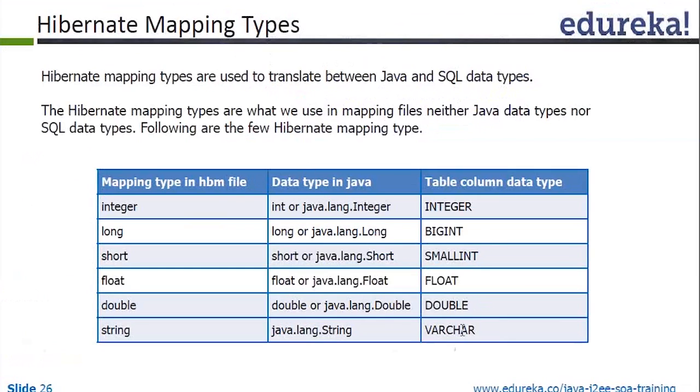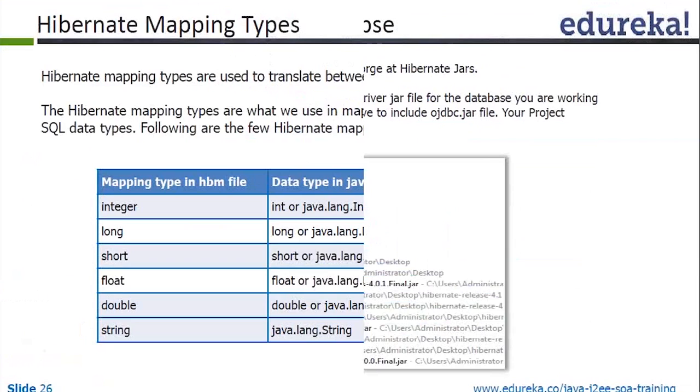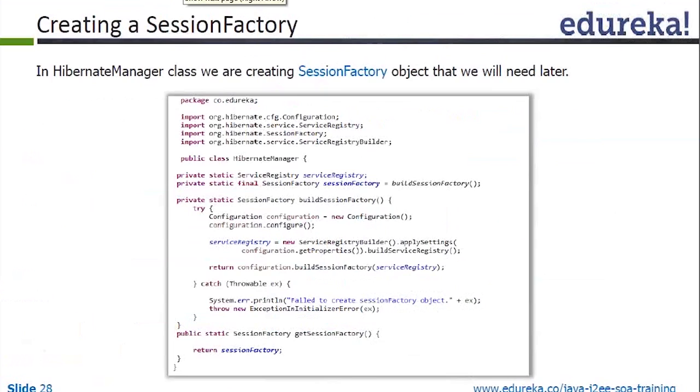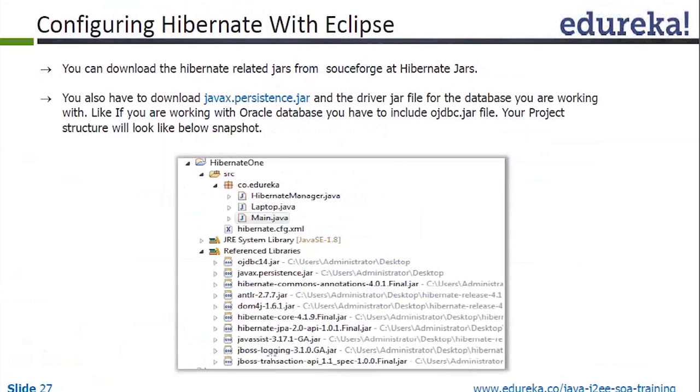So these are the database types and these are the columns. I have covered the required jar files which you need to enable Hibernate in your Eclipse. You have to download the Hibernate jar files and include them in your Eclipse project.